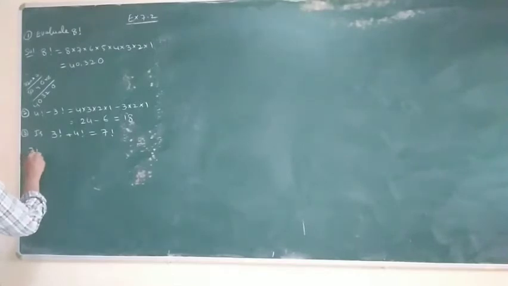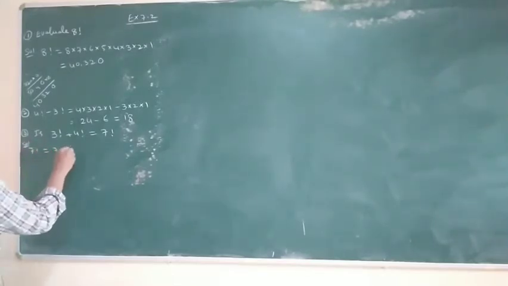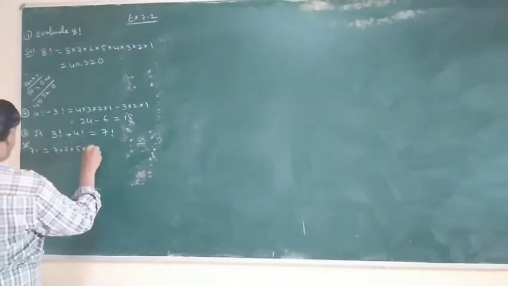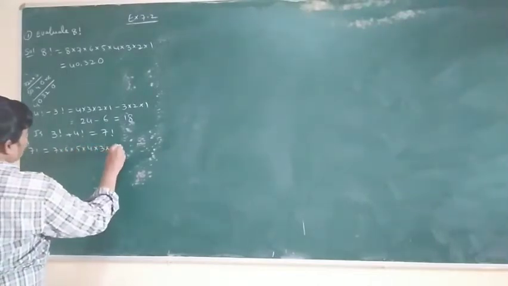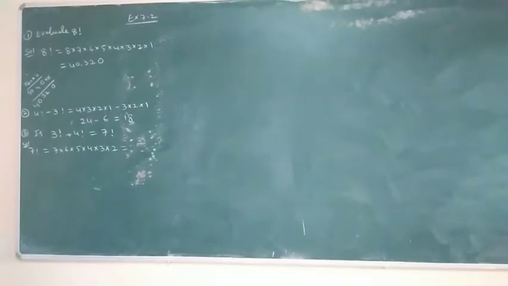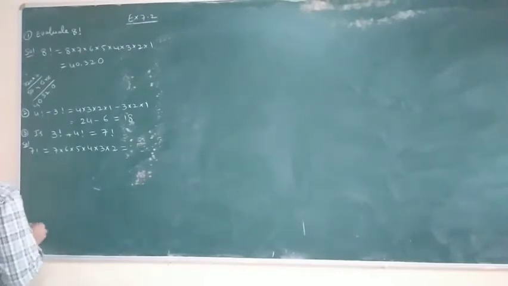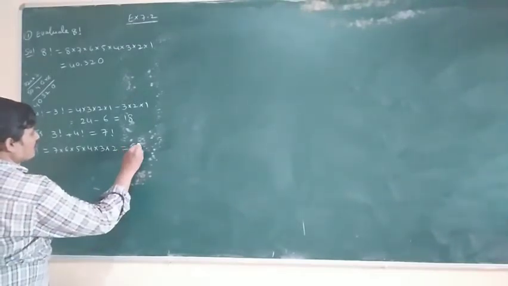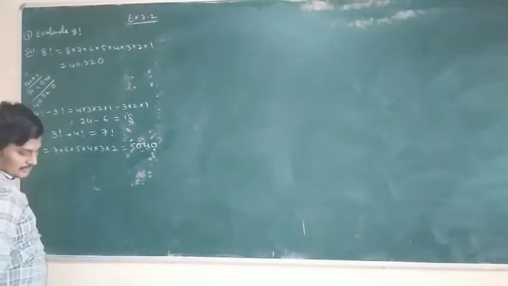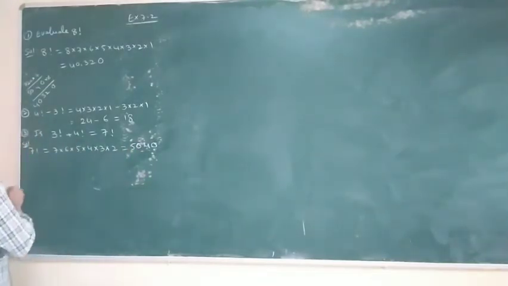7 factorial is equal to 7 into 6 into 5 into 4 into 3 into 2 into 1, which is 5040.